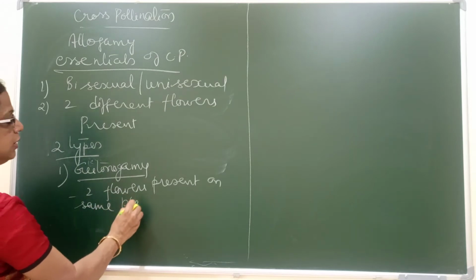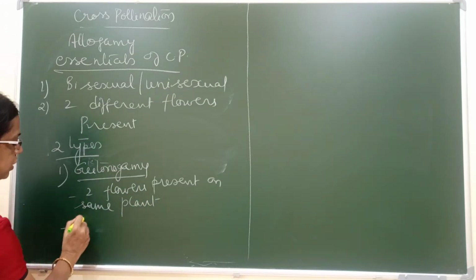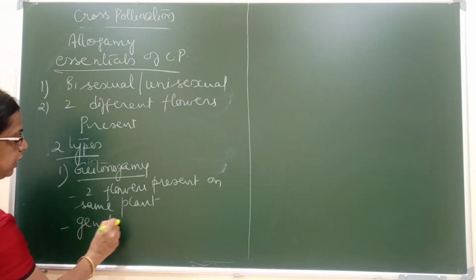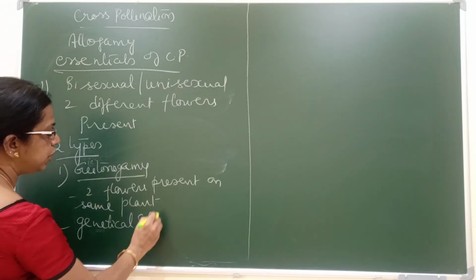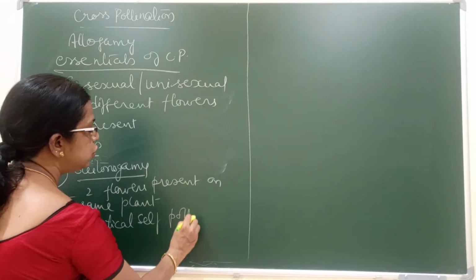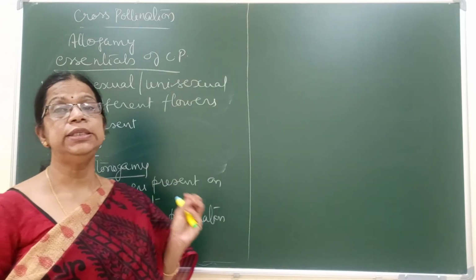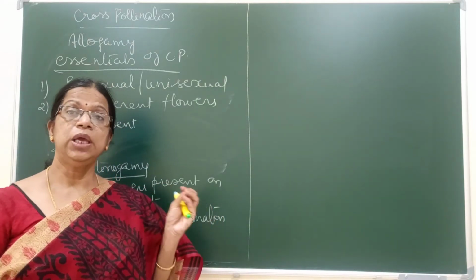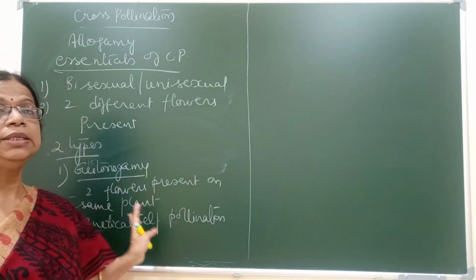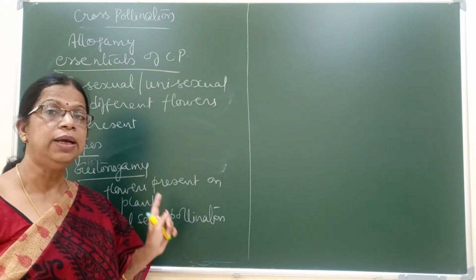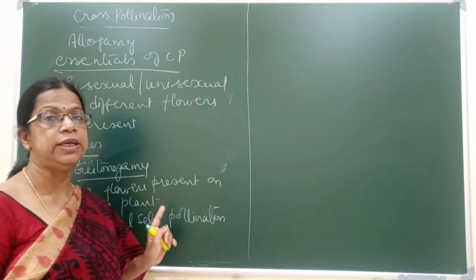This is called genetical self-pollination, because here there is no change in genotype. The same plant is involved. So it is genetical self-pollination, and it is not a true cross-pollination.